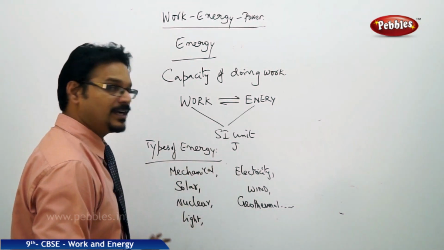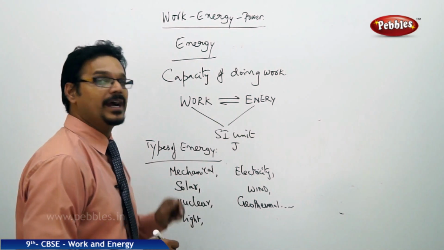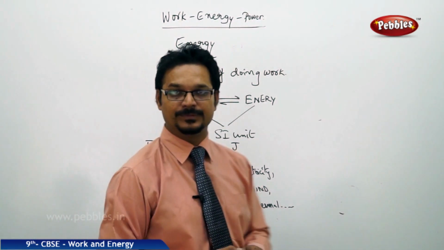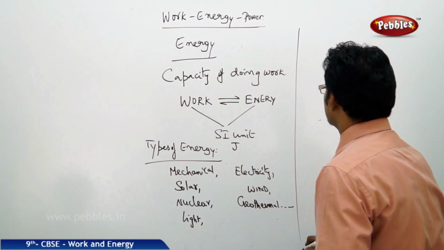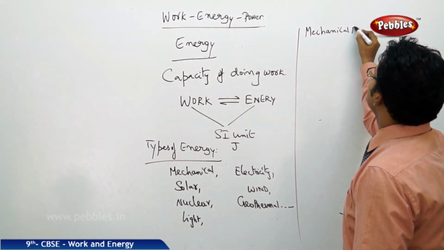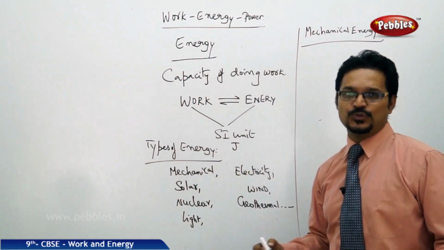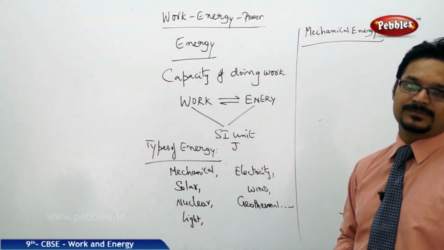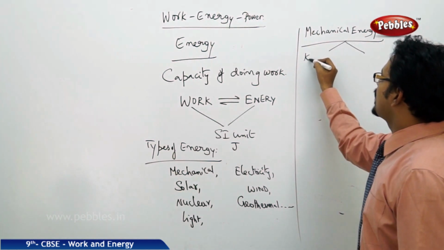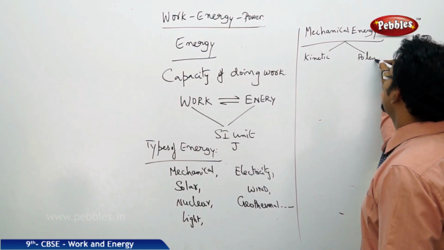But here our main discussion is mechanical energy, the energy which is produced due to mechanical force. So energy is produced due to mechanical work, and these mechanical energies are of two types. One is kinetic energy and the other one is potential energy.